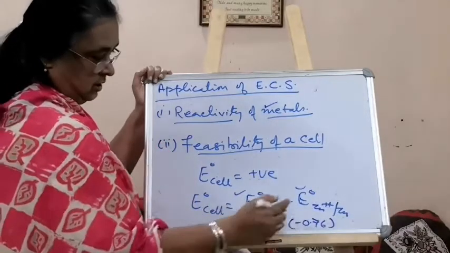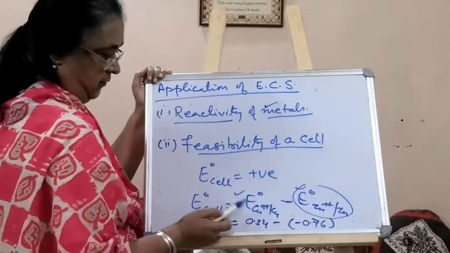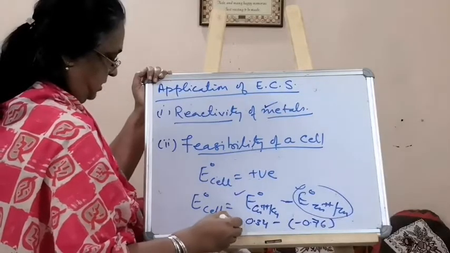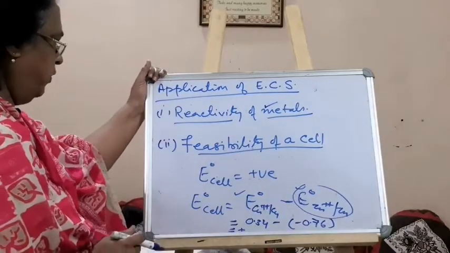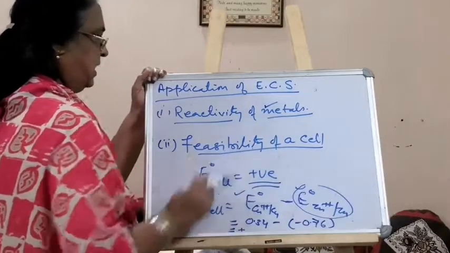So this value is minus, and the minus sign we have in the formula. So minus minus gives plus, and we will have the net answer as plus 1.1. So if we are getting this positive, then the cell is feasible.